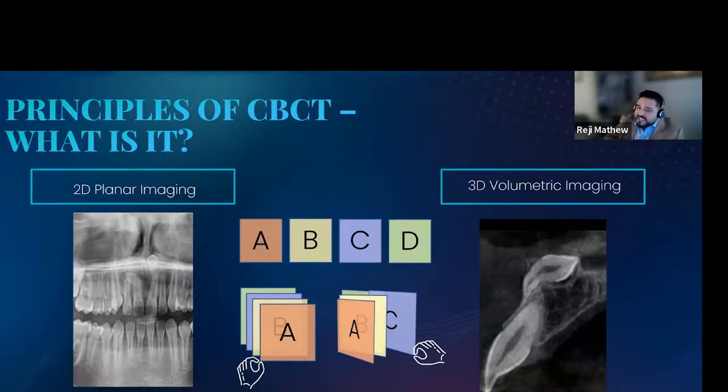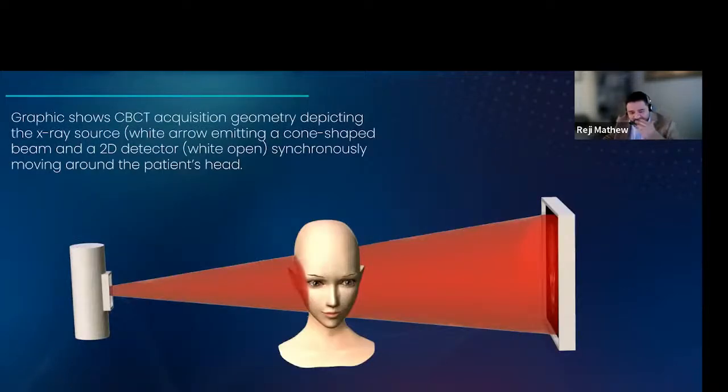So those structures are superimposed on each other. There is a degree of magnification, some degree of distortion, especially depending on how you are placing the patient. But when you come to the CBCT, even though it's slices of images, I could take each one of those slices, rotate those slices, and see that slice three-dimensionally. So this is a great slide just to show how this one is different.